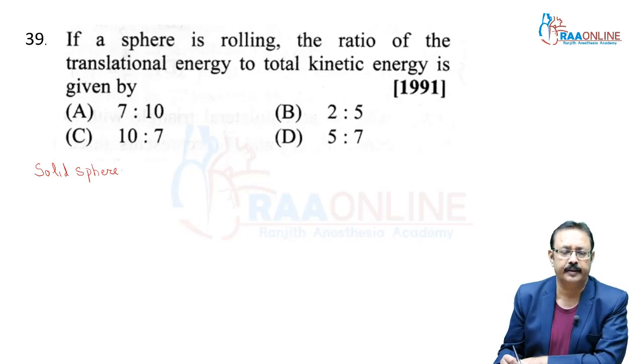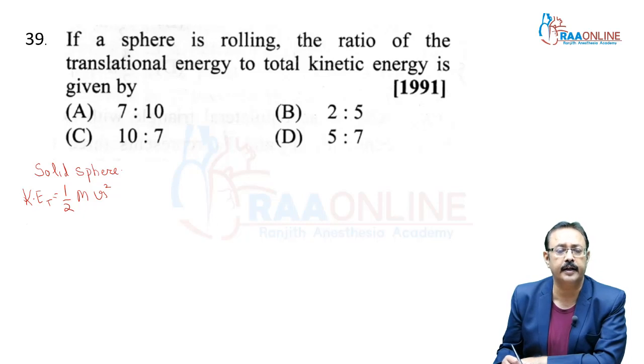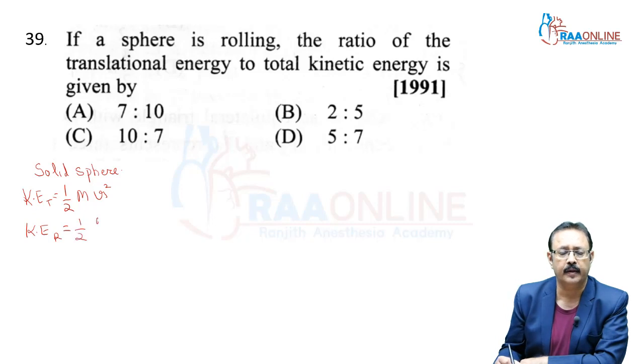Translational kinetic energy is half mv square. We are keeping it half mv square. Rotational kinetic energy is half I omega square. Since we are considering a solid sphere, I should be 2 by 5 mr square.